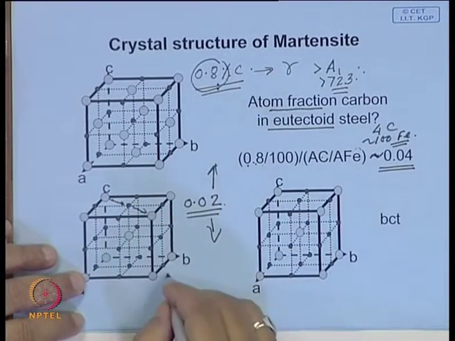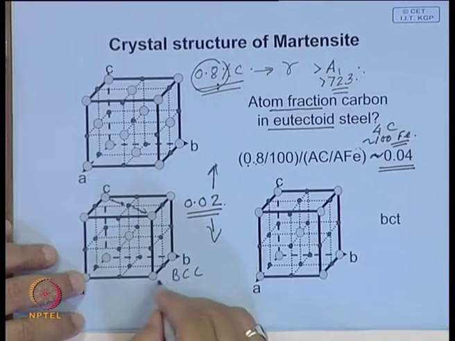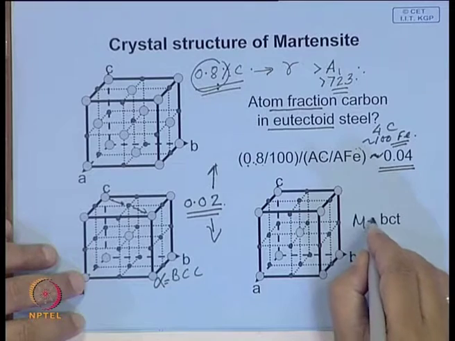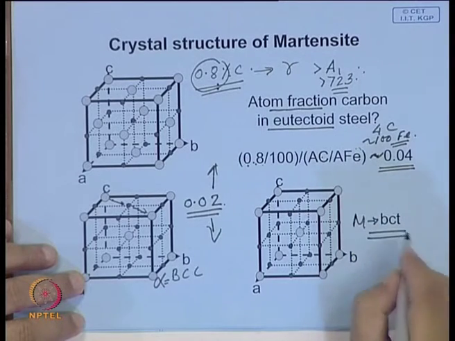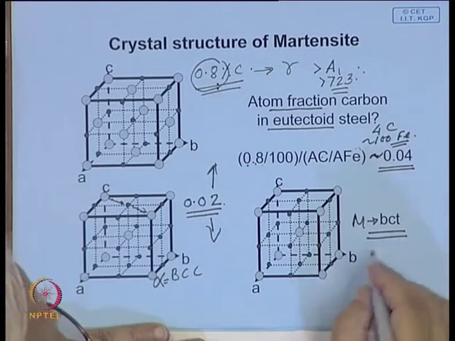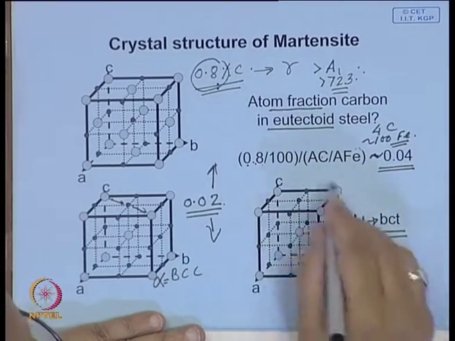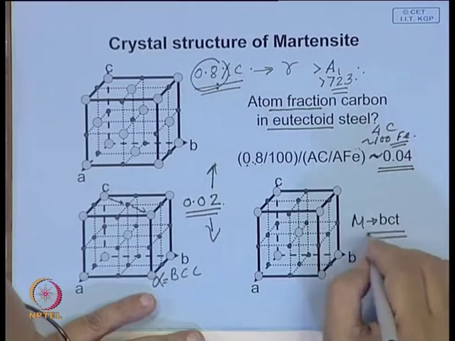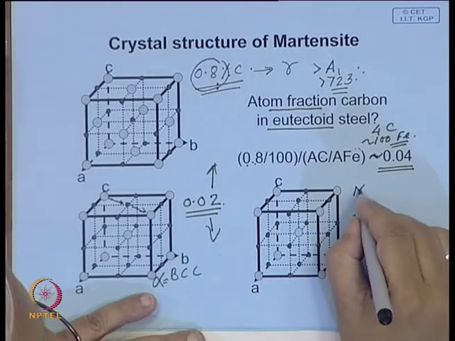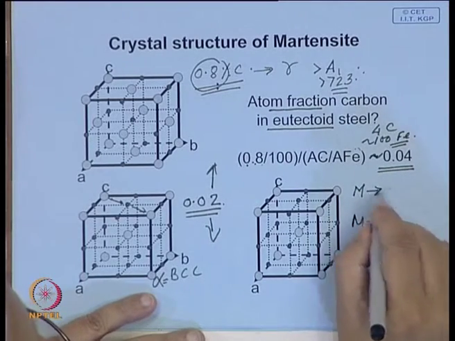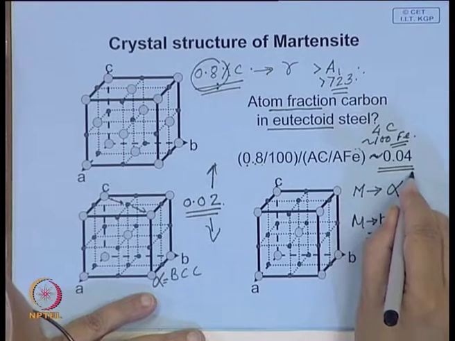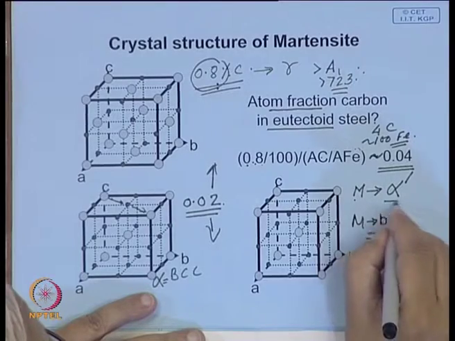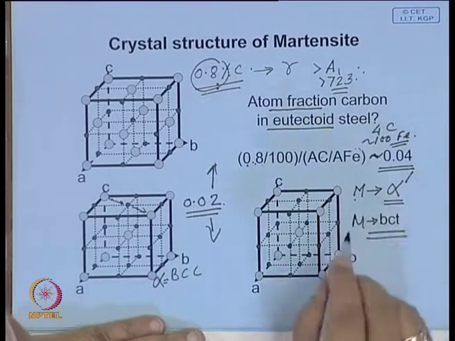Ferrite is BCC, but martensite is body centered tetragonal, and people often visualize it as a supersaturated solid solution of carbon in alpha iron, and often write it as alpha prime.